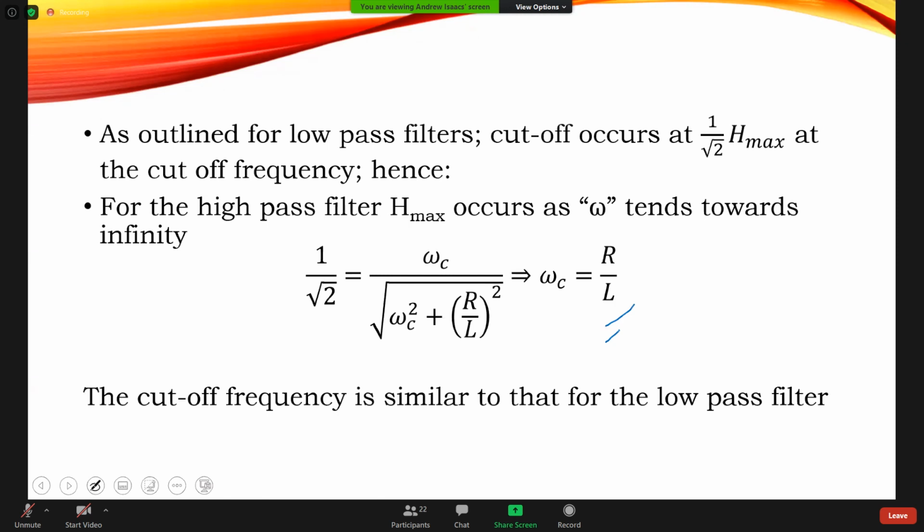And we did say earlier that the cutoff is the frequency above or below which the response changes. So the point at which it occurs, whether we're dealing with a low pass or a high pass, would be the same.